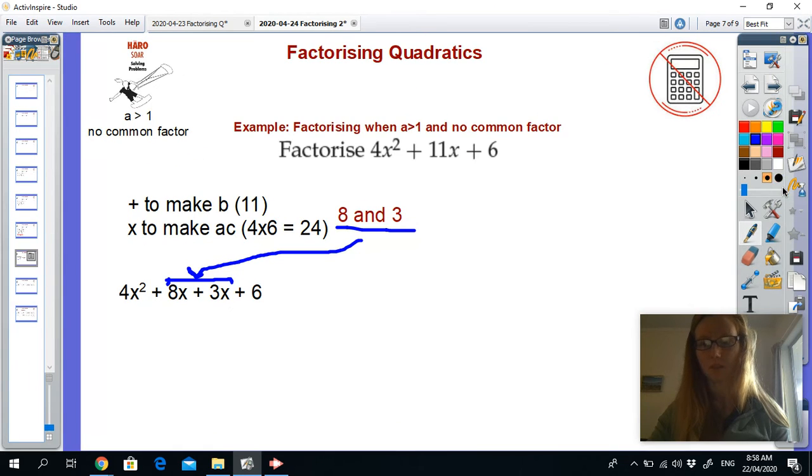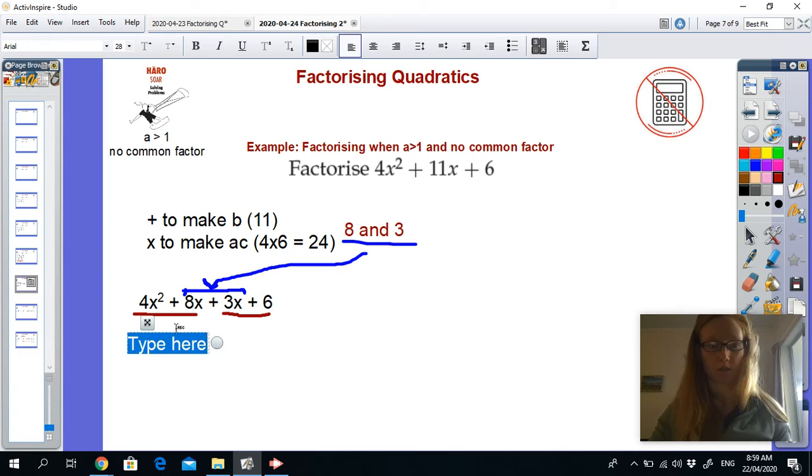Okay. Then once you've done that, you're going to do something that we call factorizing by grouping. So you're going to group the first 2 terms together and group the second 2 terms together. And then you're going to factorize the first 2 together. Okay. All I'm doing is just ignoring the second 2 terms. All I'm doing is factorizing 4x squared plus 8x to give me 4x bracket x plus 2.